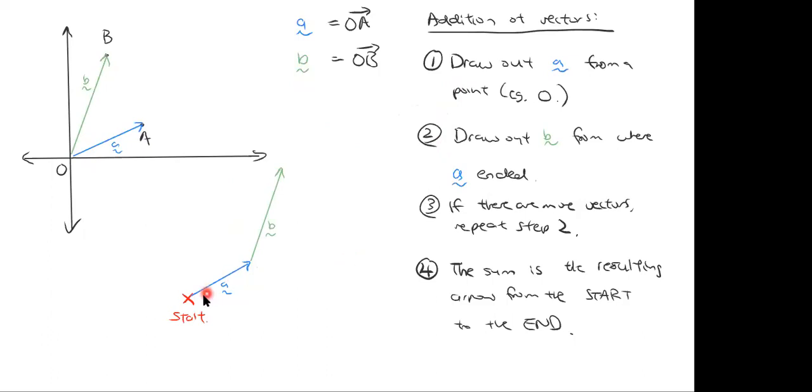And if I'm only drawing 2 arrows, there's no step 3 because I'm only doing A plus B. So the sum is from the start, which is here, to the end, which is here. And so, if you like, A plus B is the yellow arrow.